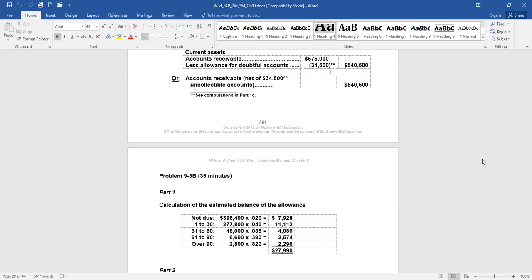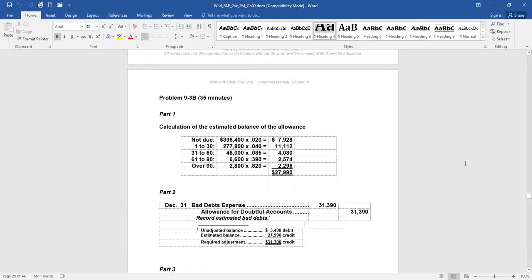The only way to get that balance to a $27,990 credit is to credit it for $31,390. So we have to make enough of a credit in there to get it to that estimate of $27,990. So $31,390 on the credit side, $3,400 on the debit side will give us that balance.